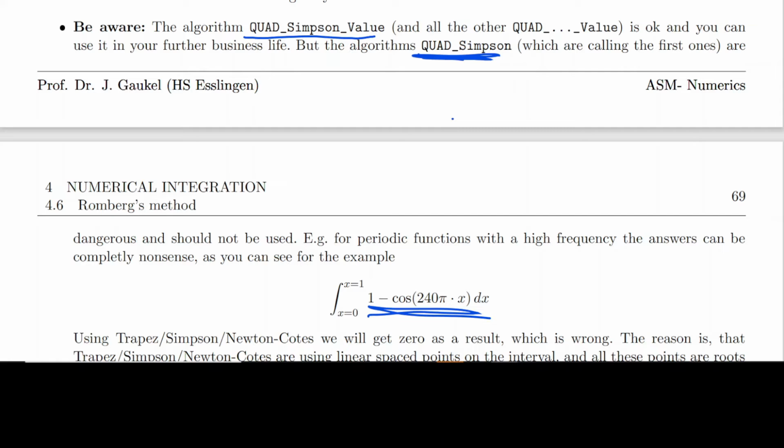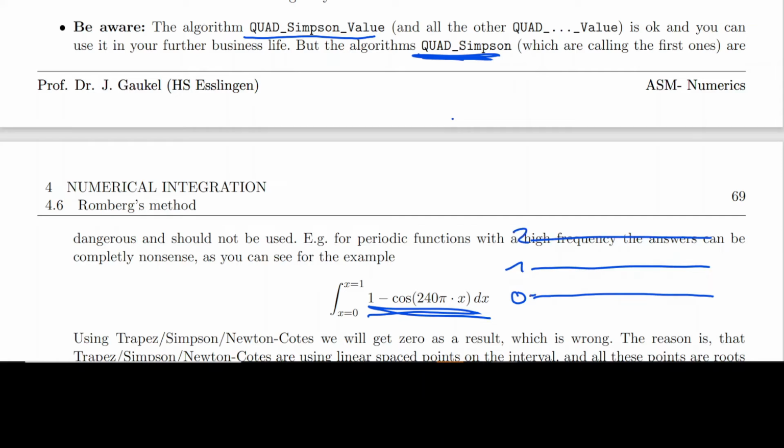What is that function? 1 minus cosine of 240 times pi times x. This function looks like the following. Here is 0, here is 1, and here is 2.